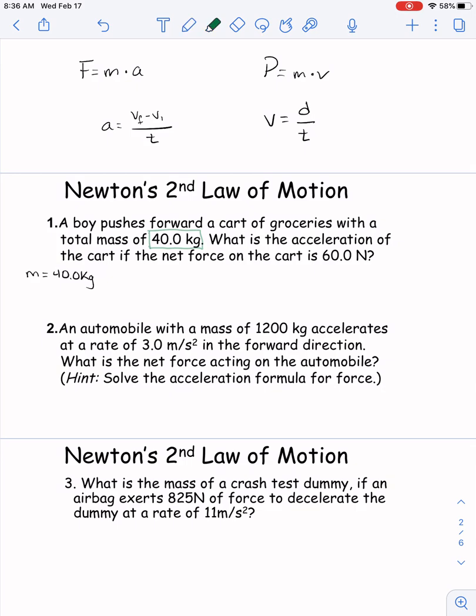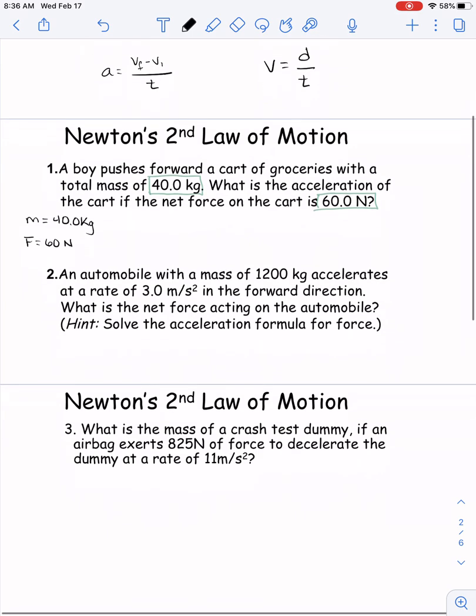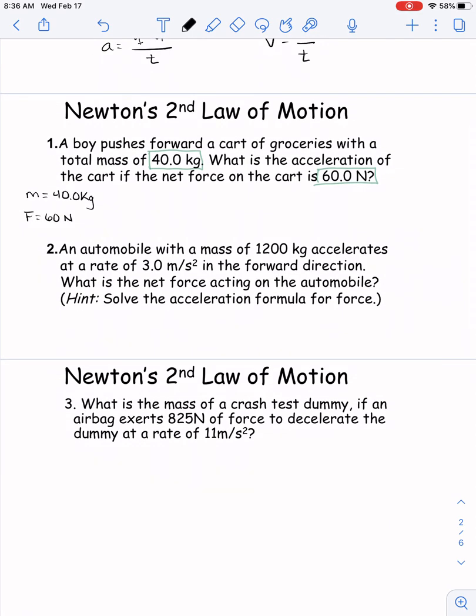Then it also gives me 60 newtons, which is our unit of force. And it says, what's the acceleration? And so we're looking for a.